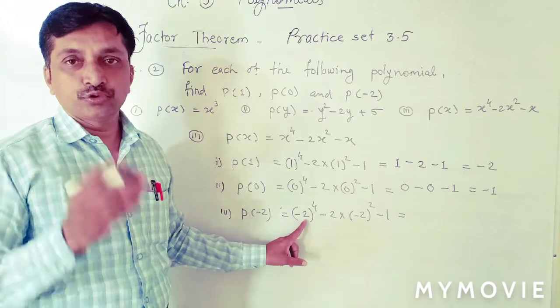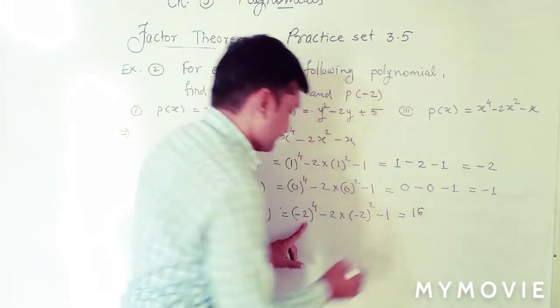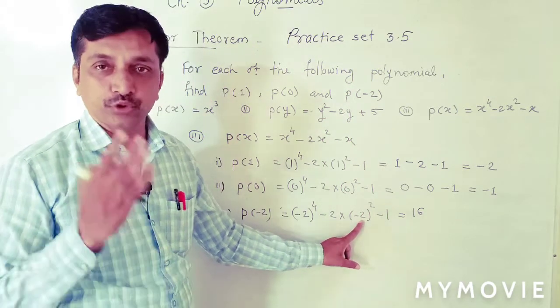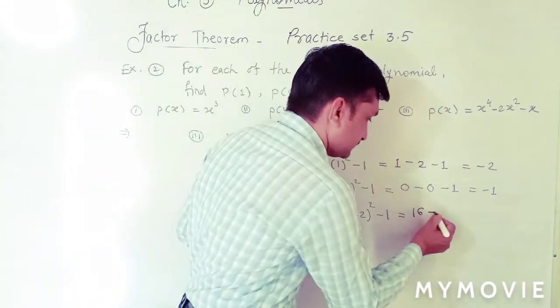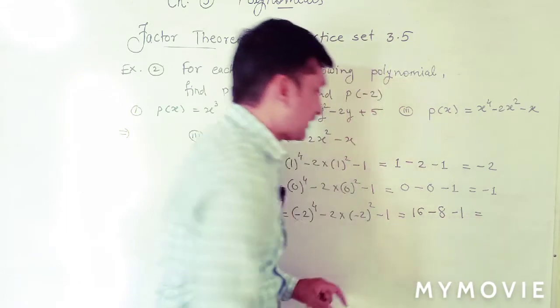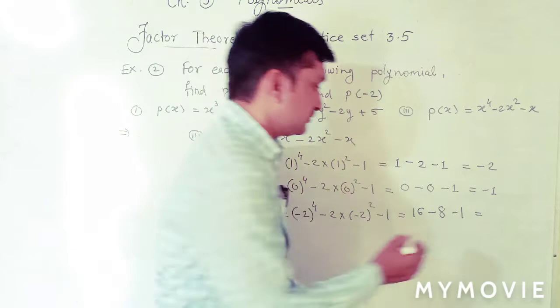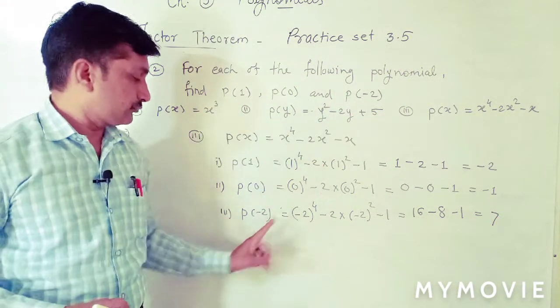And what is 2 raised to 4? 2 2s are 4, 4 2s are 8, 8 2s are 16, plus 16 minus, now here you see minus 2 square is 4, plus 4, and plus 4, 4 2s are 8, minus 8, minus 1. What is the value now? 16 minus 8 is 8. 8 minus 1 is 7. This is the value of this polynomial for minus 2.